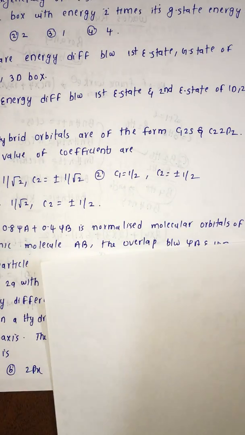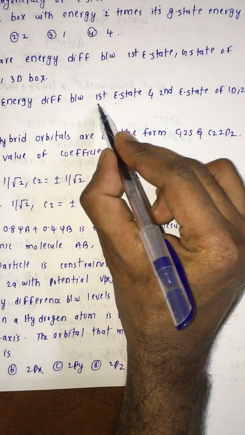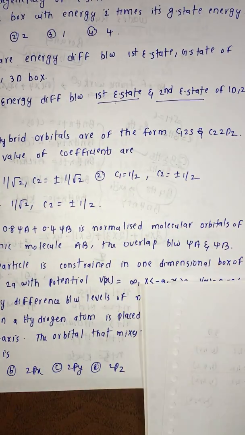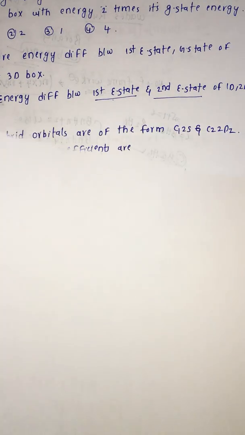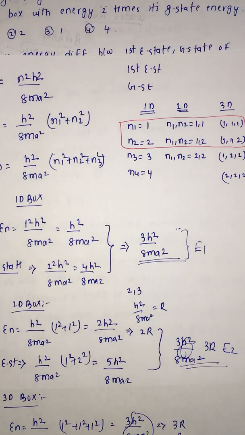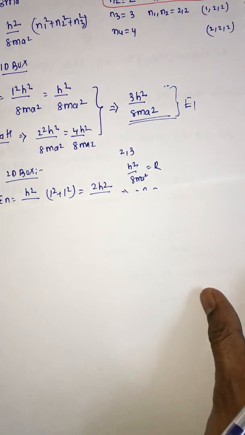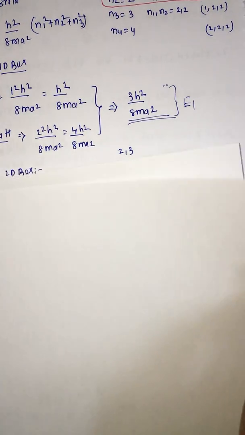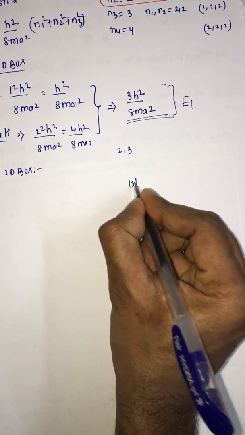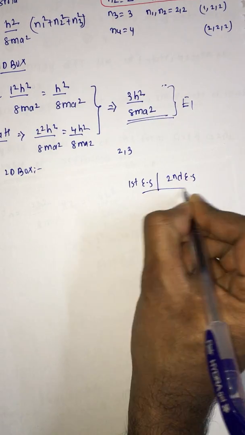And next we have the first excited state and second excited state of 1D, 2D, 3D. Here we have already calculated the ground state; now they ask for the first excited state and second excited state.